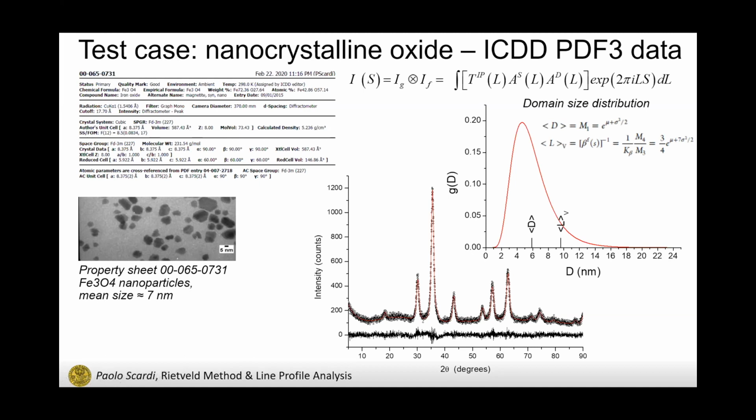As you see, the distribution of domains is in good accordance with what is stated in the property sheet. So it's about 6-7 nanometers. In this graphic, you see also how to calculate from the distribution the so-called volume-weighted mean column length, L average sub V. This is the quantity that is generally obtained using the Scherrer equation, if you know the appropriate Scherrer constant, which for this specific case, a sphere, is 3/4.